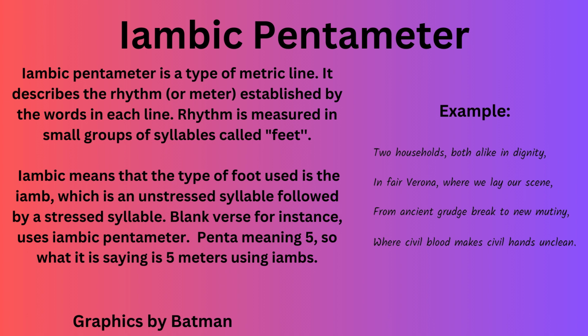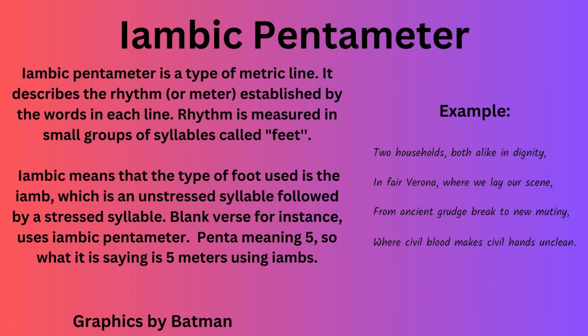Now we have iambic pentameter. It's a type of metric line. It describes the rhythm or the meter established by the words in each line. Rhythm is measured in small groups of syllables called feet. Iambic means the type of foot used is an iamb, which is an unstressed syllable followed by a stressed syllable in a word. Blank verse uses iambic pentameter.